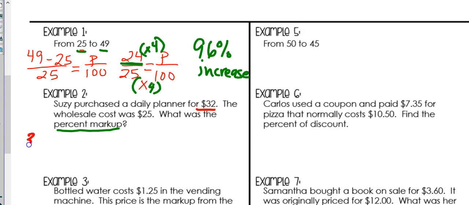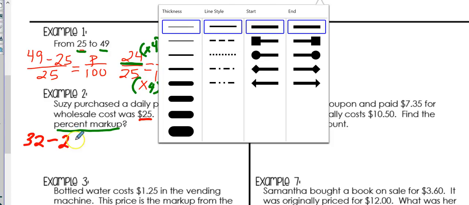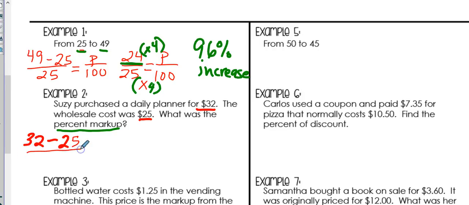You subtract the original price, which is 25, what the company paid for the planner, and you put that over the original price, $25. And we change that to P over 100, P being the percent that we don't know.